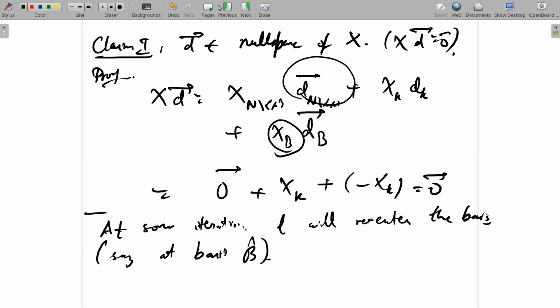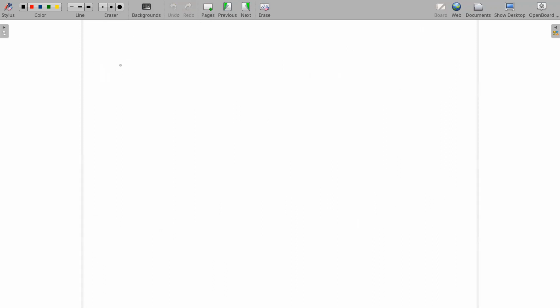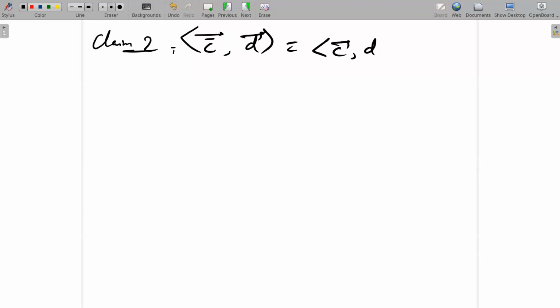Now we'll look at the modified cost function. Claim 2: if you look at the modified cost function C bar, its inner product with D is equal to C inner product with D. Why is that? Recall what this vector looks like.